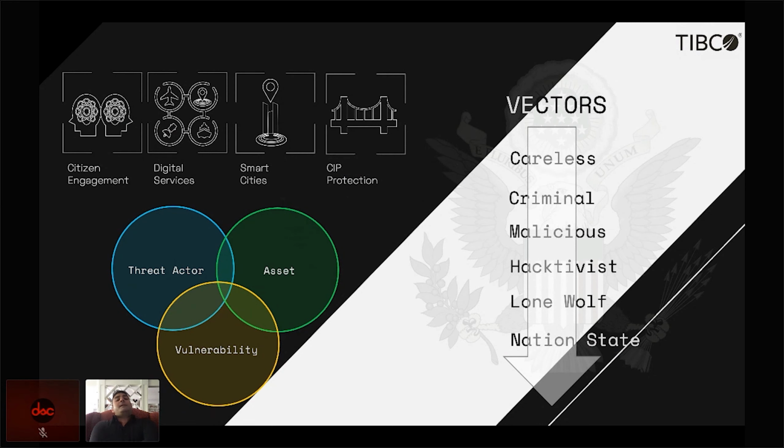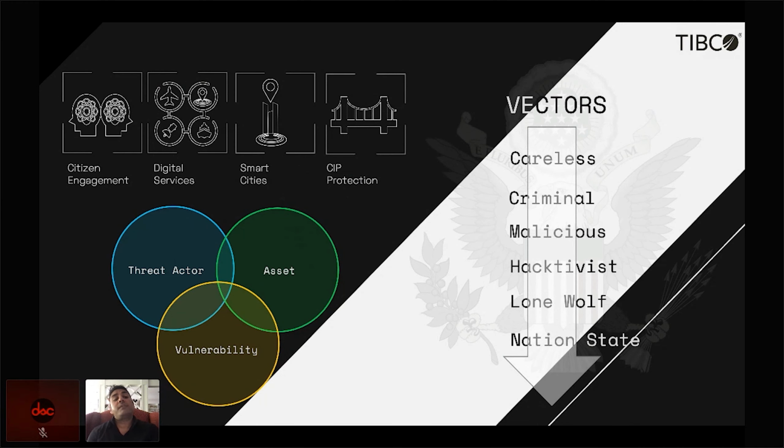When we're talking about government, the federal workspace, but also large corporations or critical infrastructure corporations such as energy, oil, and gas pipelines, you see that they're making a move to digital services. Part and parcel of those digital services is to provide citizens a means and methodology to engage not only with the customer, but also with the organization as well.